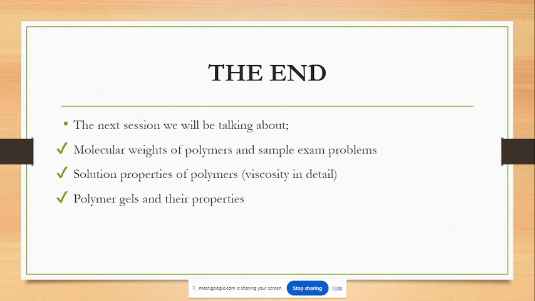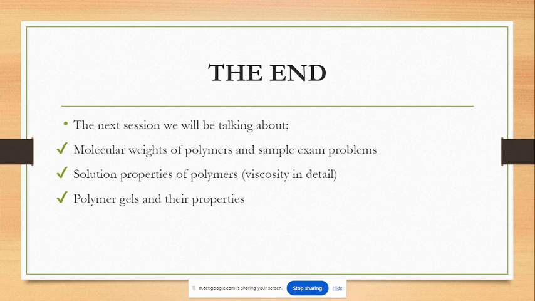Since we've come to the end of today's session, I want to give you the heads up on what we're going to be dealing with tomorrow. Tomorrow we're going to be dealing with the molecular weights of polymers and the sample exam problems. I think, by that time, I should be able to include the exam sample problems.